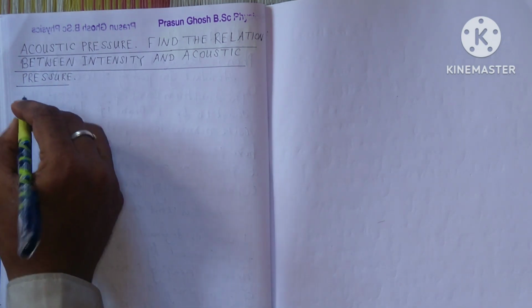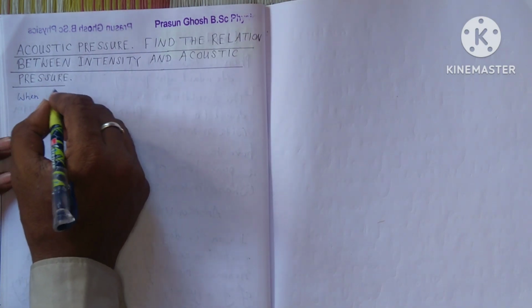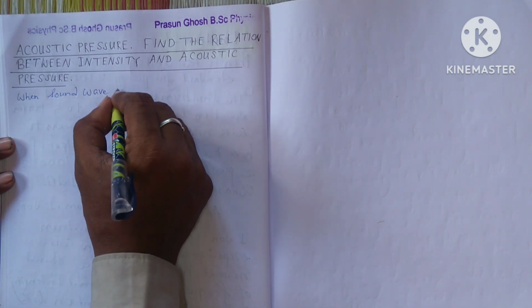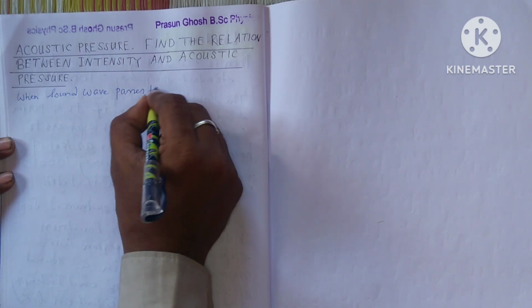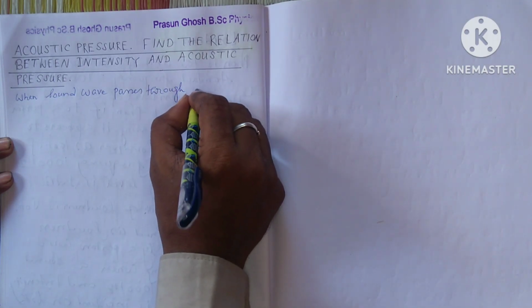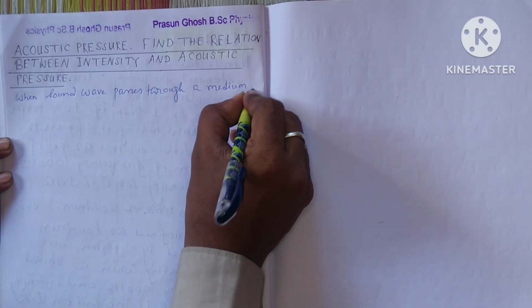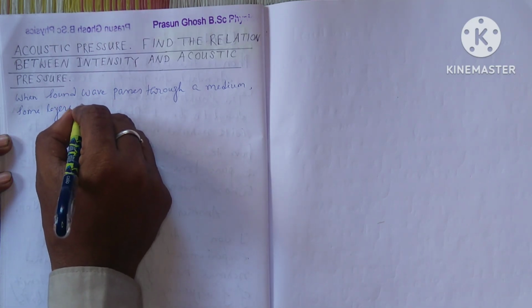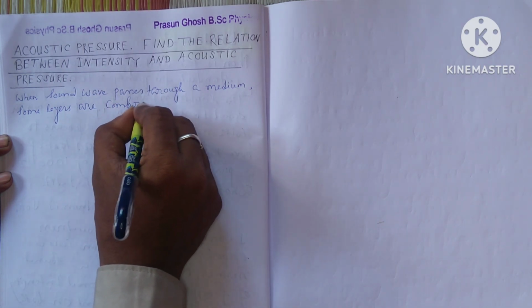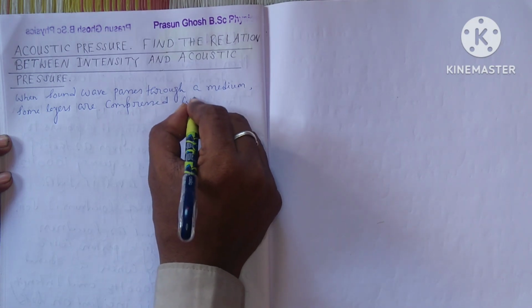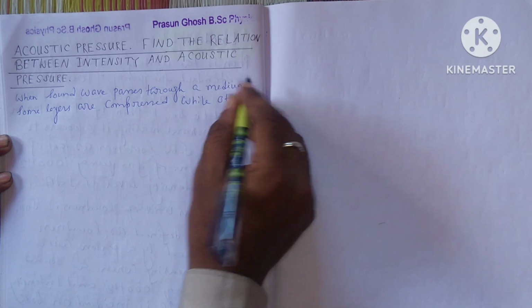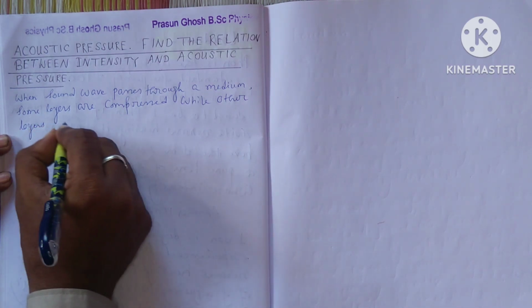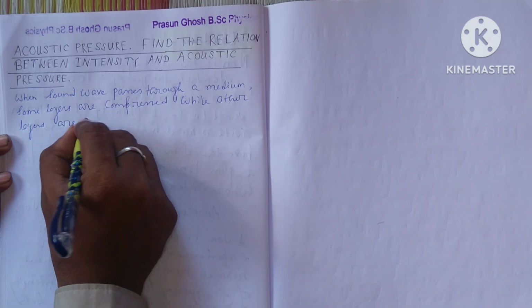Now, when a sound wave passes through a medium, some layers are compressed while other layers are rarefied.